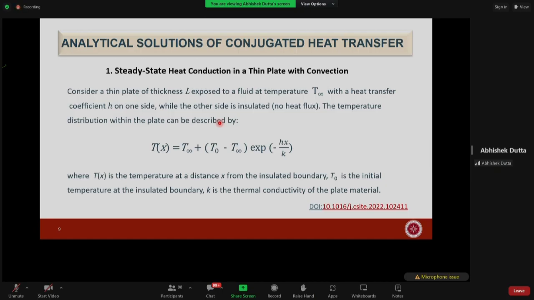Unfortunately, because of the limitations of mathematics itself, analytical solutions are very challenging, and that's why they are limited to very simplified geometry and simplified boundary conditions. Of course, myself with my colleagues, we are pushing the limit of this analytical boundary, and we are trying to get solutions that do not have the standard geometry, shape, and boundary conditions.